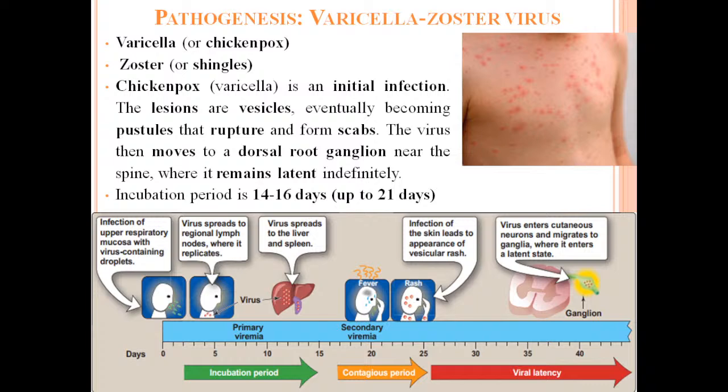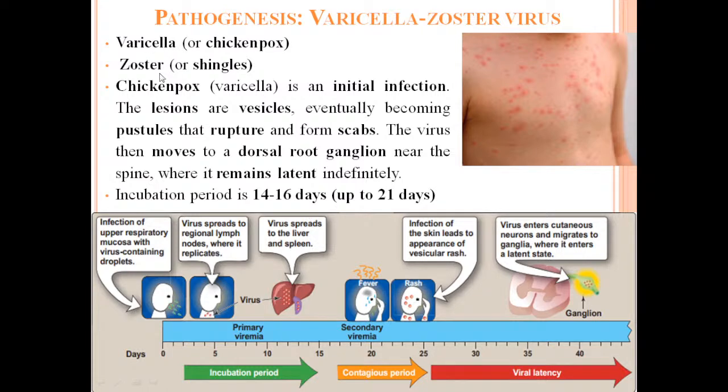Another virus that belongs to the family Alphaherpesvirinae is Varicella Zoster virus. Varicella Zoster virus causes two diseases. Primary infection is varicella or chickenpox. In most textbooks it is named chickenpox, in some books it's named varicella.